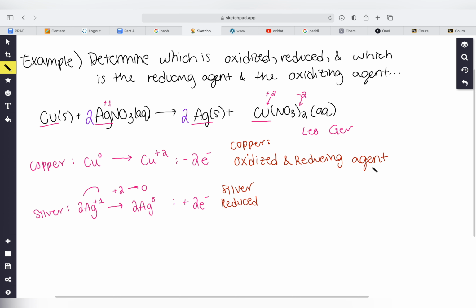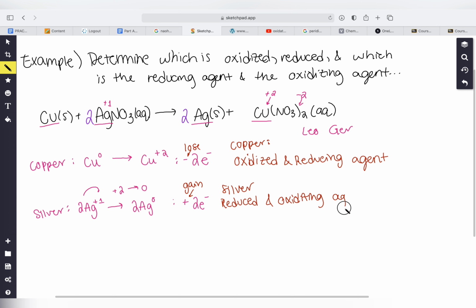Copper is oxidized, and it is the reducing agent because it's causing silver to be reduced, because copper is actually giving its electrons to silver. Actually, this means that it's losing, by the way, and this means that it's gaining. That's what that positive and minus means. Okay, so silver is reduced, and then it is the oxidizing agent.